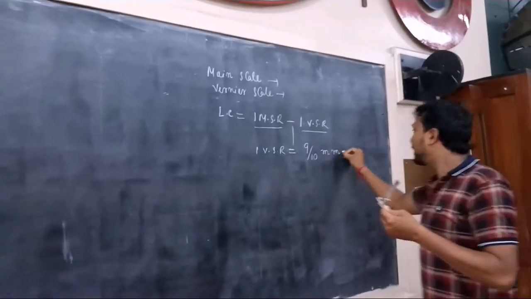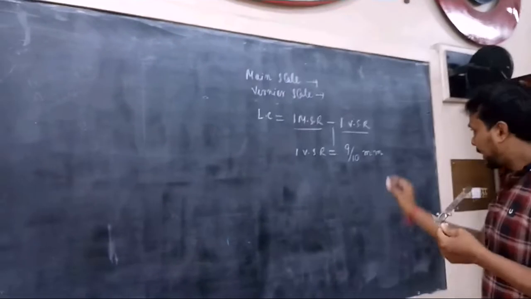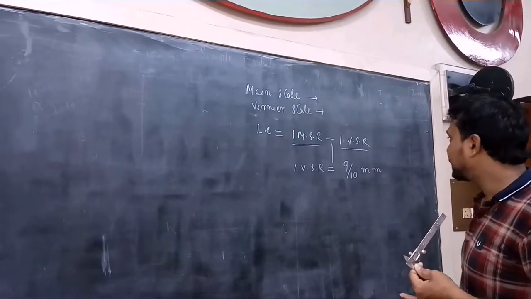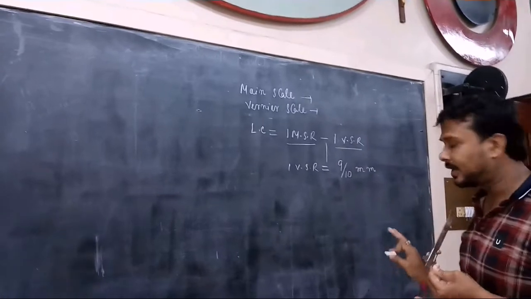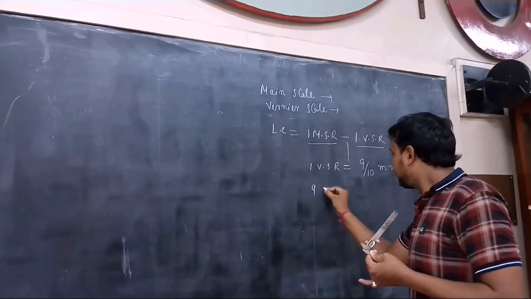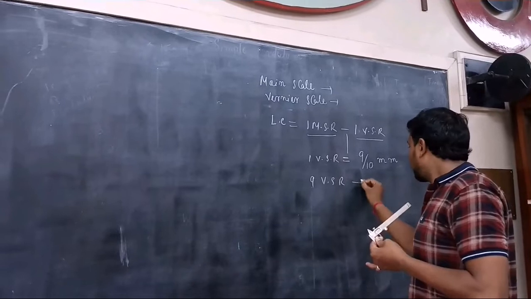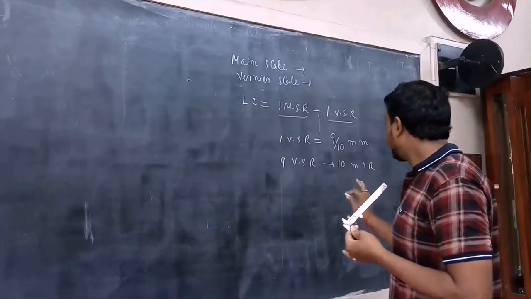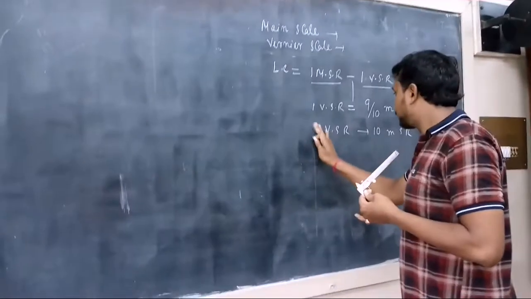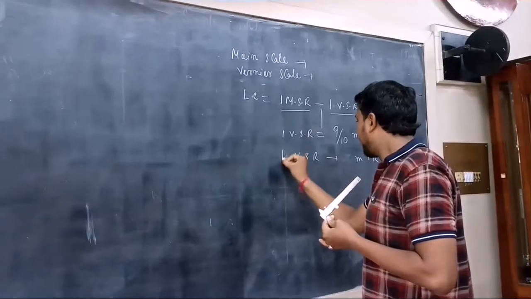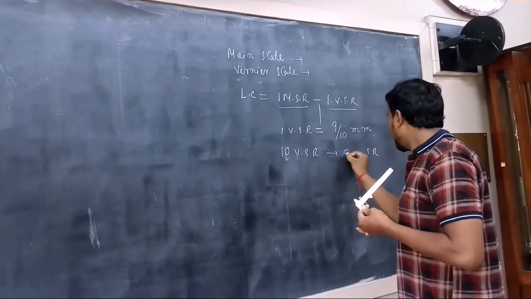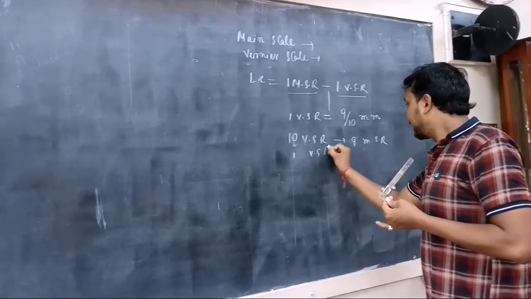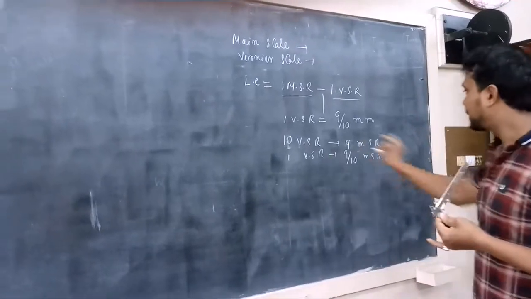How does it come? 9 vernier scale readings are equal to 10 main scale readings. In this way, 10 vernier scale readings are equal to 9 main scale readings.